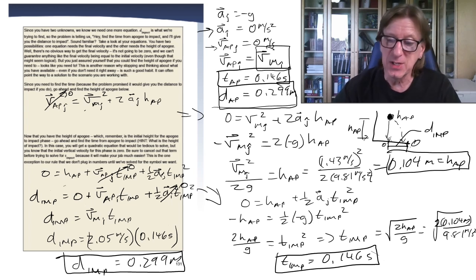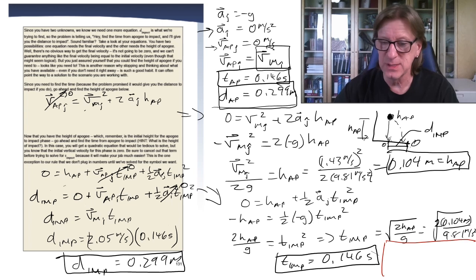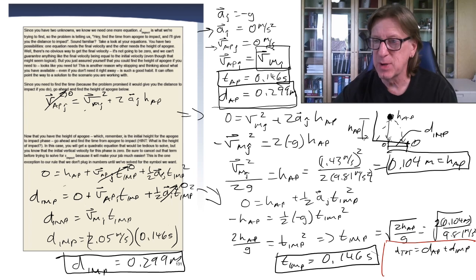So my total distance then, and we are 100% out of space here, so let's just block ourselves off a little piece here. Our total D is going to be D apogee plus D impact. So I'm just adding those two pieces together, the distance up plus the distance down.